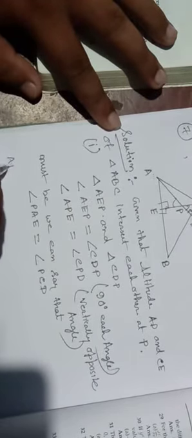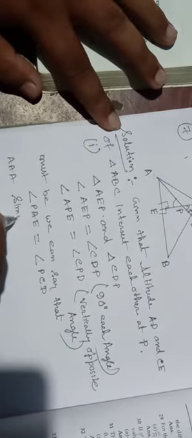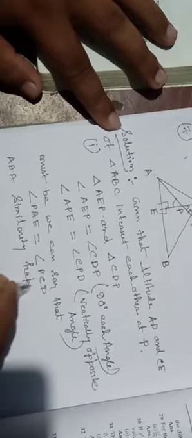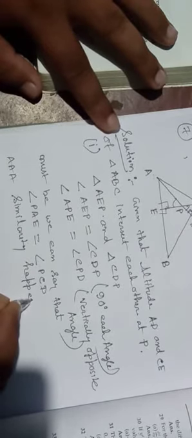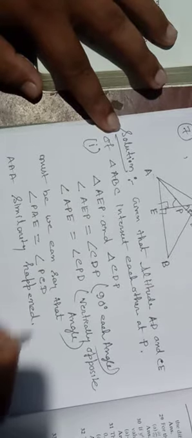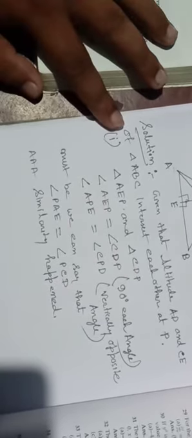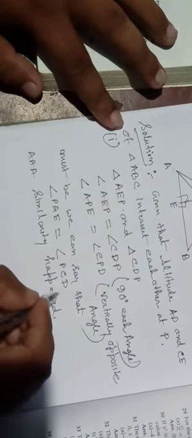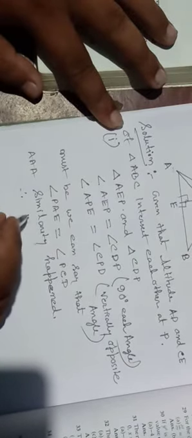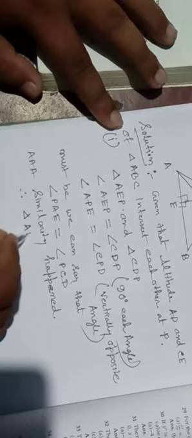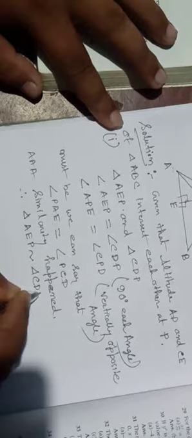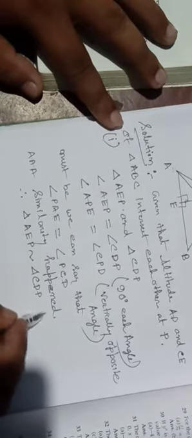So angle similarity happened. Therefore, we can say that triangle AEP is similar to triangle CDP. First one proved.